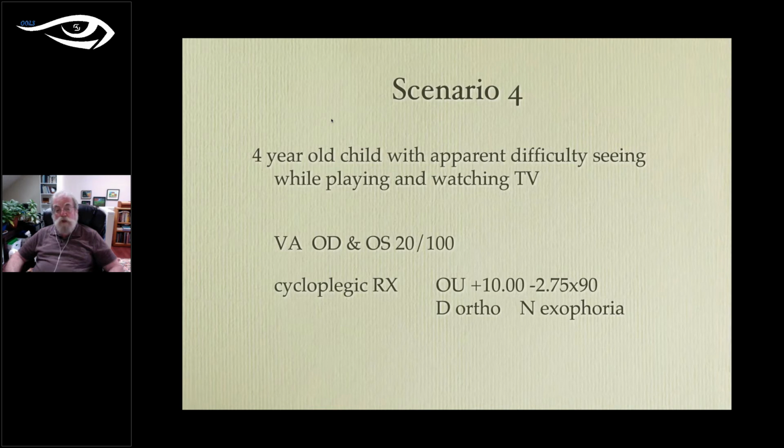What we do know is that because this eye is so wildly out of focus, there never was the development of normal vision. And in many ways, the kind of amblyopia that you have here, which is bilateral and usually very symmetric, takes on a lot of the characteristics of deprivation amblyopia and less of the characteristics of refractive amblyopia.